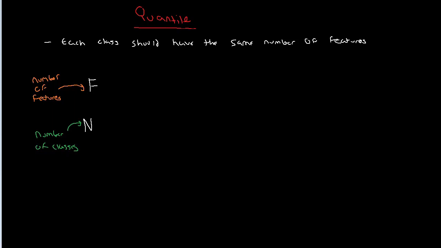To figure out the number of features per class, all we have to do is take the number of features and divide it by the number of classes to get the number of features per class.